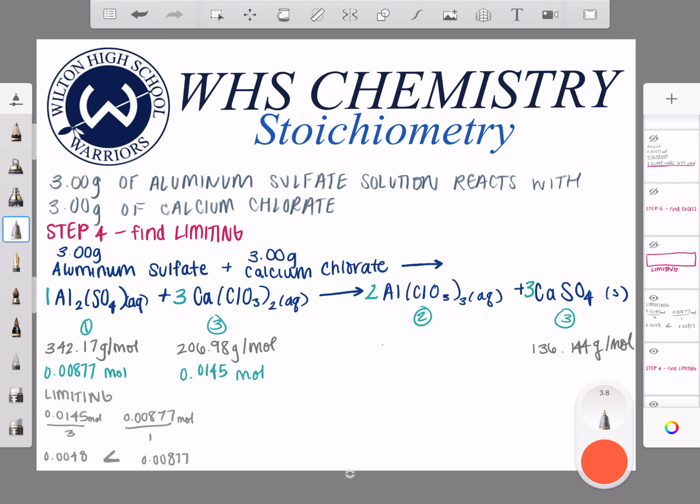In this case, the least amount of moles required to complete the reaction is calcium chlorate, as 0.0048 moles is less than 0.00877. Since this value is less, our limiting reactant is calcium chlorate.